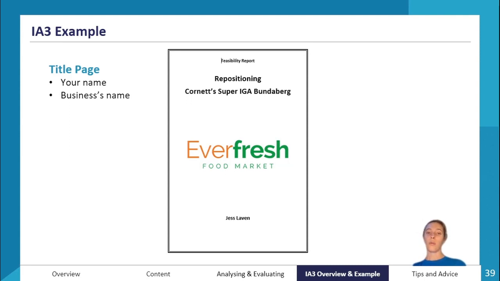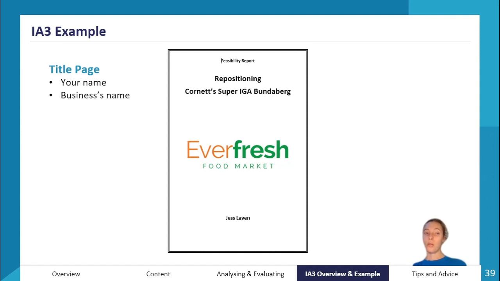And so Cornet Super IGA had that repositioning strategy where they changed to become Everfresh Food Market, and again, this is the supermarket industry, so we can understand that they are facing lots of competition. So this was a repositioning strategy to try and resituate itself in the competitive market.